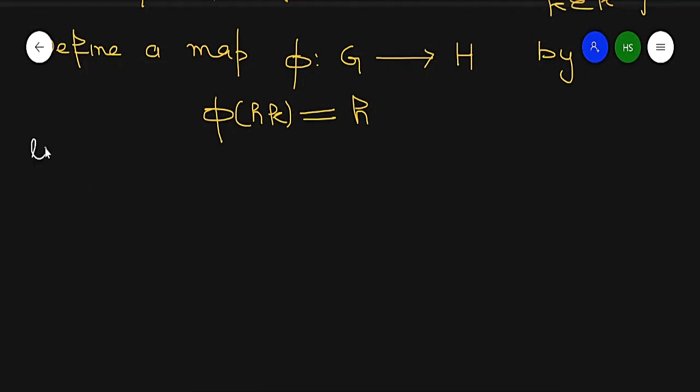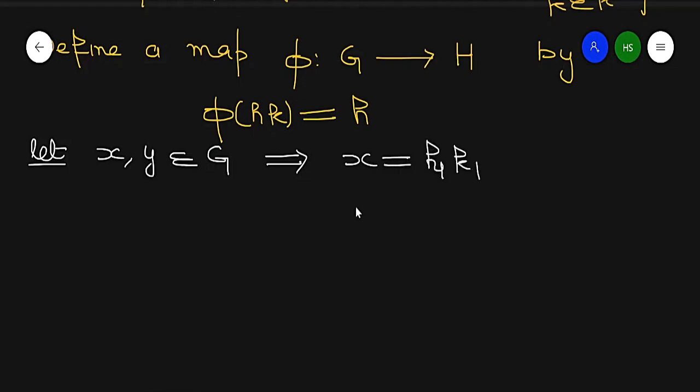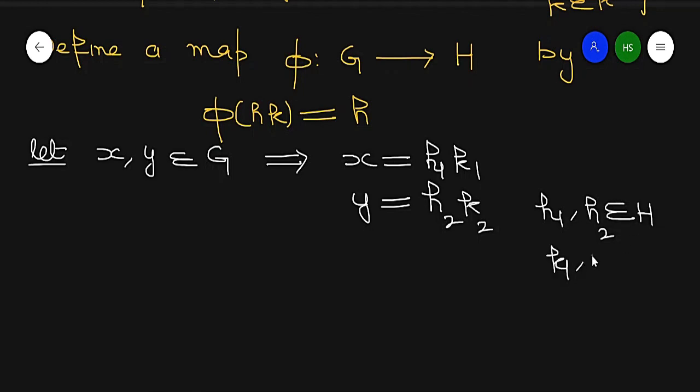Now let me take x and y belonging to G. So it implies x is equal to h1 k1 and y is equal to h2 k2, where h1, h2 are elements of H, and k1, k2 are elements of K. So I get x and y of this kind.